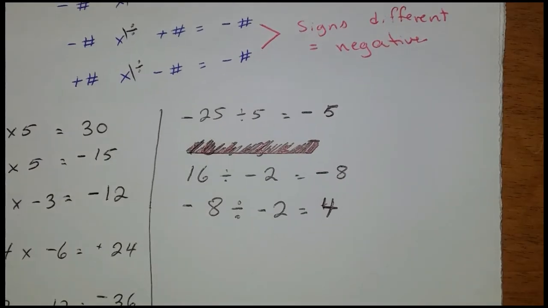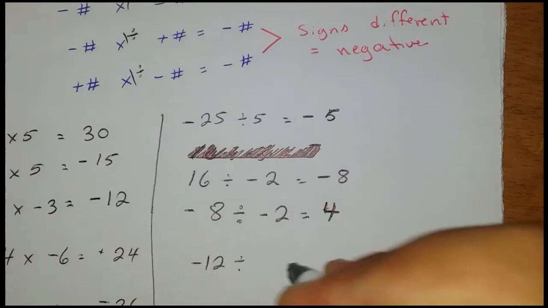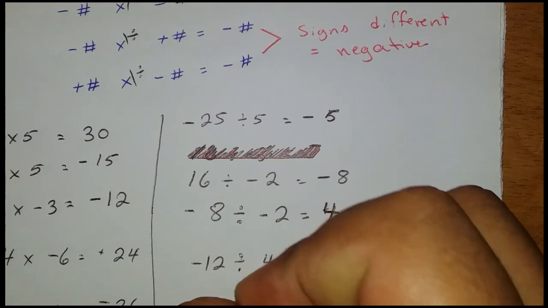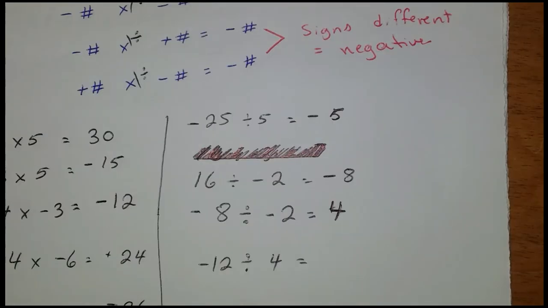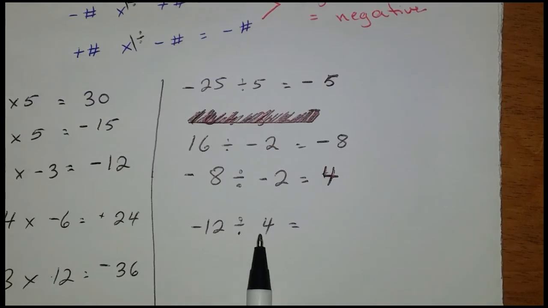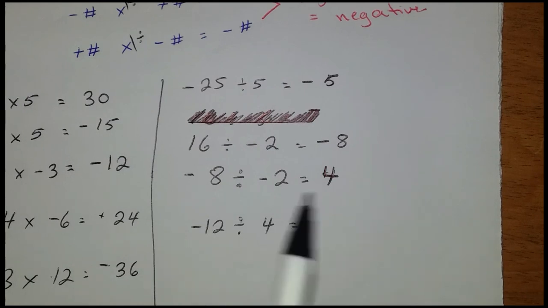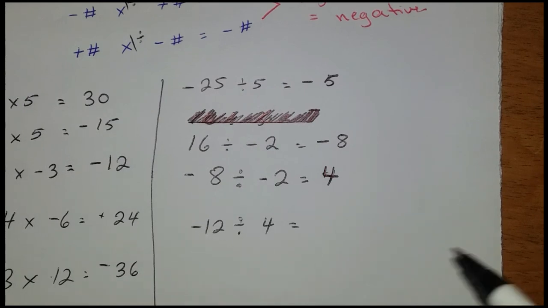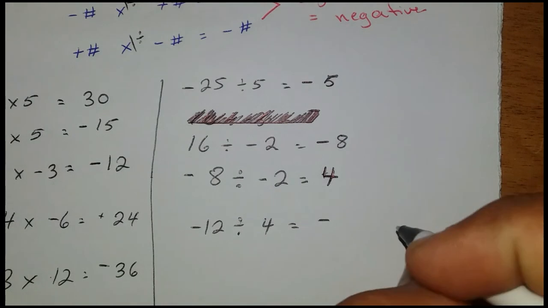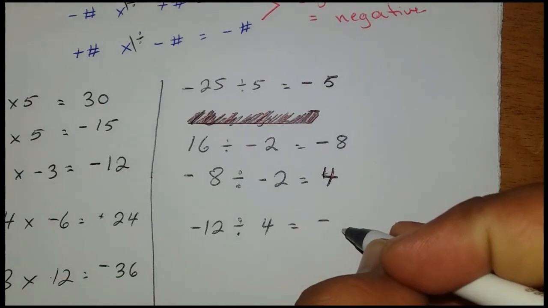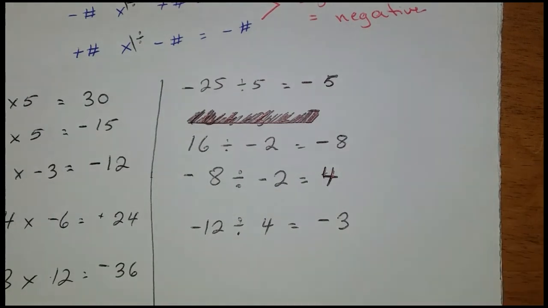For the division, let's continue working with the division. If we have 12 divided by a positive 4, let's go with the jingle again. Signs the same, positive, signs different, negative. This here, the signs are different, so my answer is negative, and then 4 into 12, that's going to be 3.